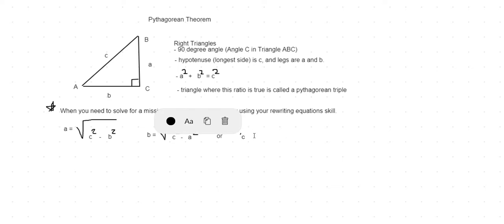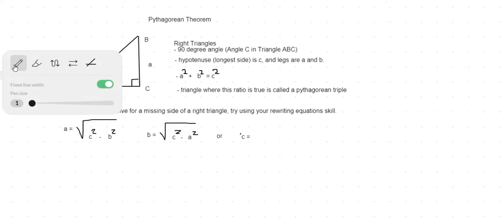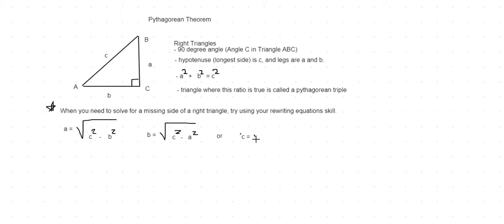We could also say c equals, in this case it'd be just a slight difference, the square root of a squared plus b squared. So there's a little background into this.